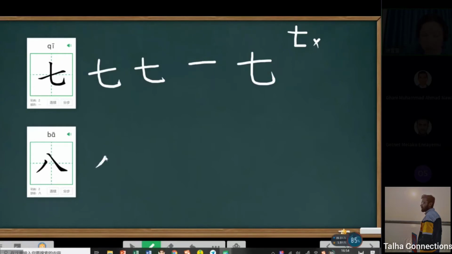Also, you start it and then raise your pen swiftly to form this tip. And then the other stroke. Remember, there must be some gap here.